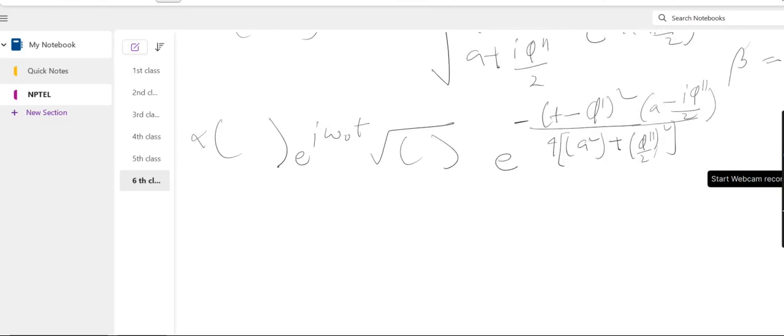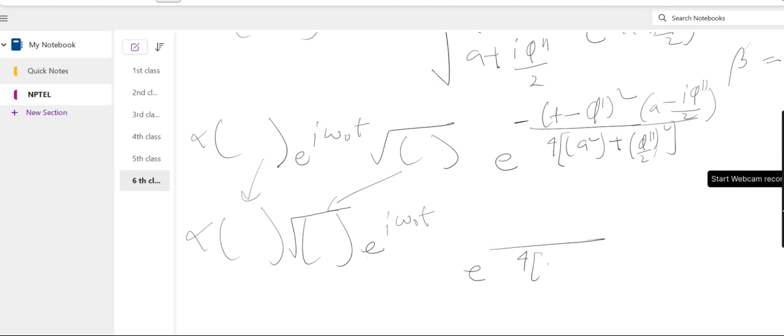Now this thing, that thing, this is that, this is that, e to the power i omega naught t, can write it as 4 a square plus phi dash dash square by 4.